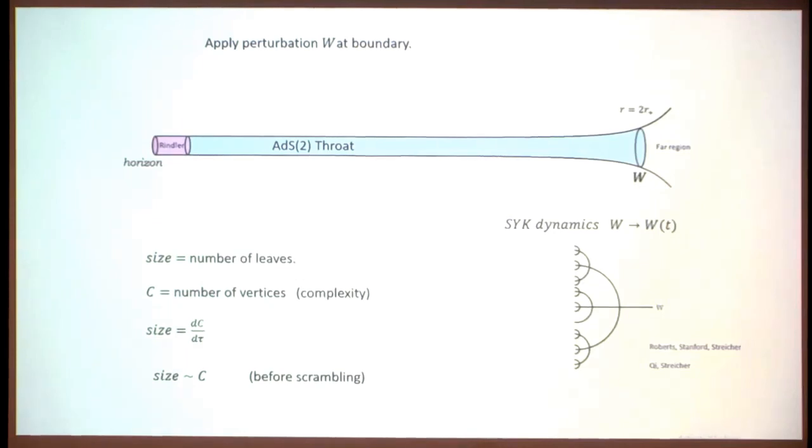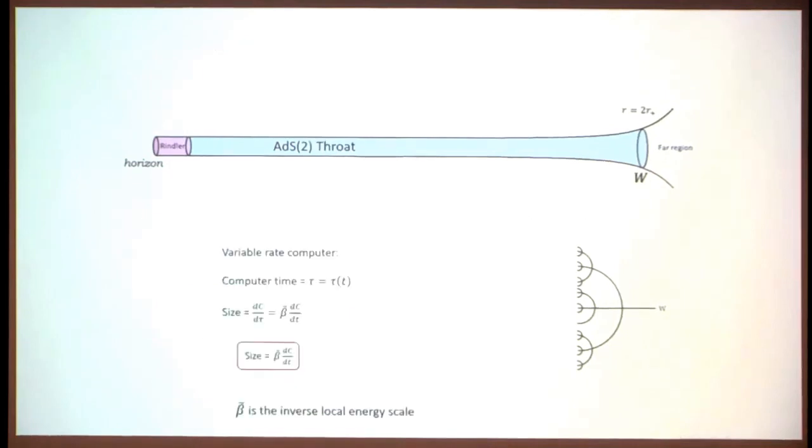But the other thing is that because it's growing, incidentally, it only grows exponentially until the scrambling time. At the scrambling time, it saturates. But up to the scrambling time, because it grows exponentially, the size and the complexity are proportional to each other. So I'm going to simply use the letter C for both size and complexity because everything we're going to say is in this pre-scrambling time.